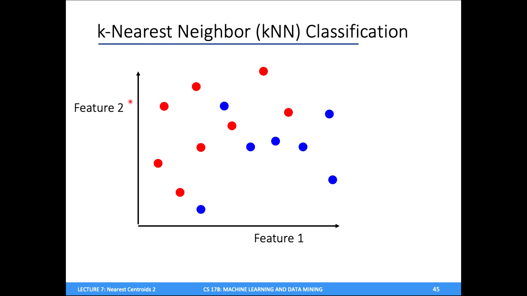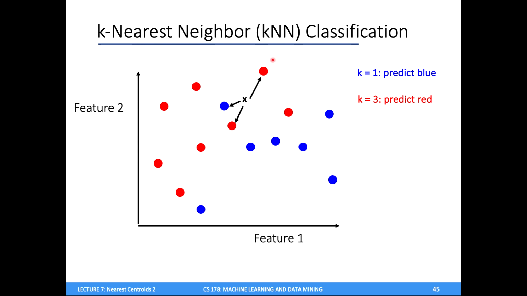Okay, so here I've got another simple data set, binary classification. Let's say I have a new point X that comes along. If k is equal to 1, I look up the nearest data point in my training set to this new point X. It's a blue point, and so I'll predict blue for X. If I increase k to 3 now, the 3 closest data points to X are this blue dot, this red dot, and this red dot.